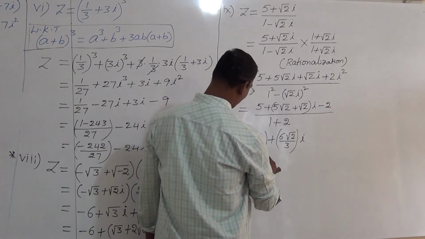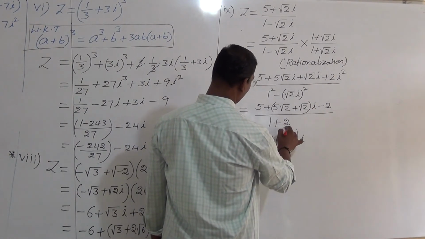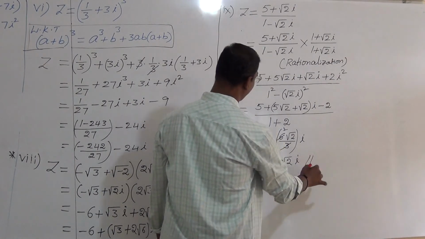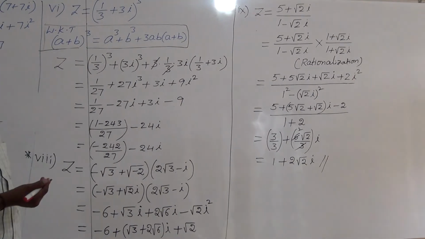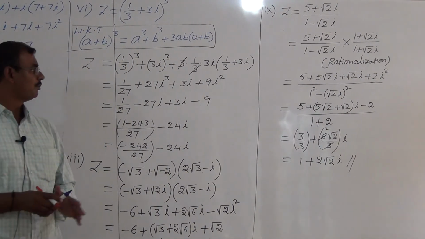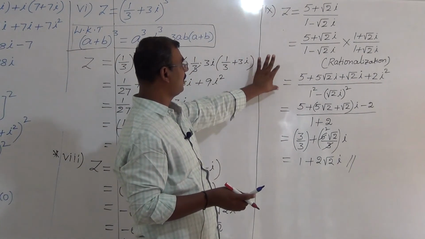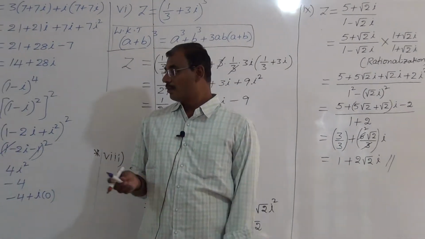This is equal to 1 plus, 3 goes to 3 once, 3 twice, so 2 root 2 iota. So this is in the form of a plus iota b. So next question, I hope that you understand. This model is already finished, I explained it at the time of properties. So these are the problems here.